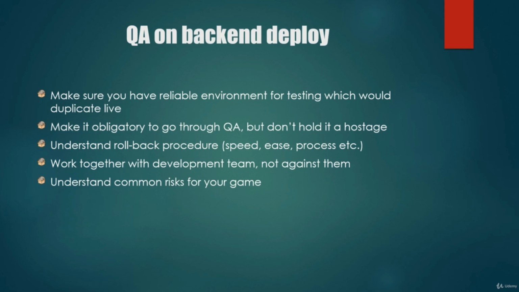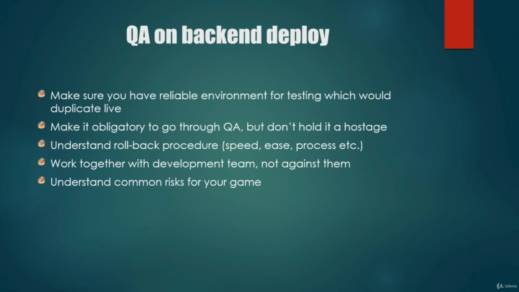If you don't have this procedure, you might end up in a situation where you submit an update, everything is going to be broken, and you will have to literally fix things on the go, and your game might be blocked for not hours, but days, sometimes even weeks, and you don't want to be in that situation.